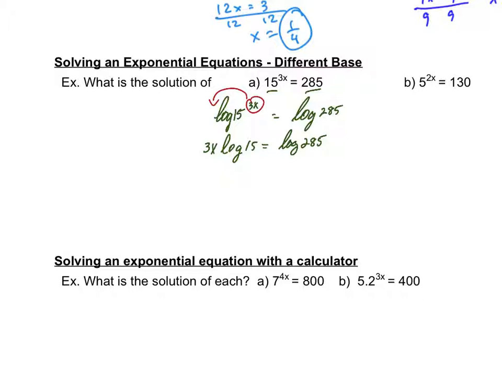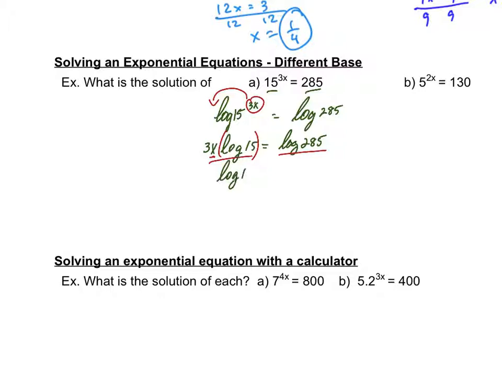And now, think about this as multiplication, 3x times the log of 15. My inverse operation of multiplication is division, because I'm always trying to isolate that variable. So I'm going to divide away the thing that's causing me the problem.